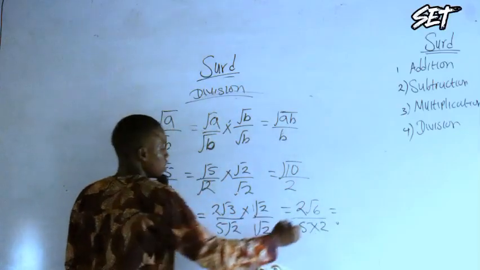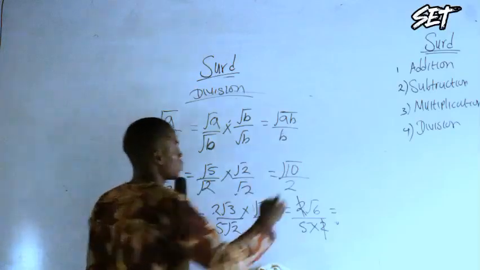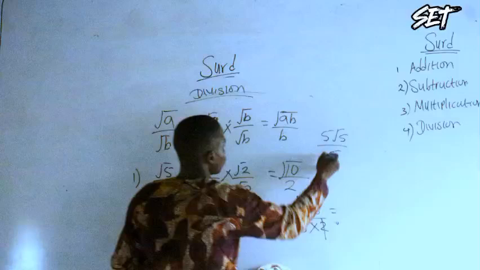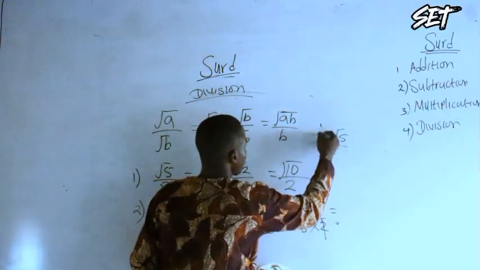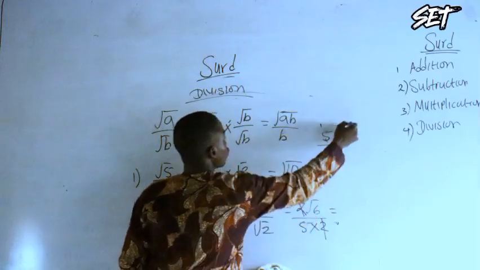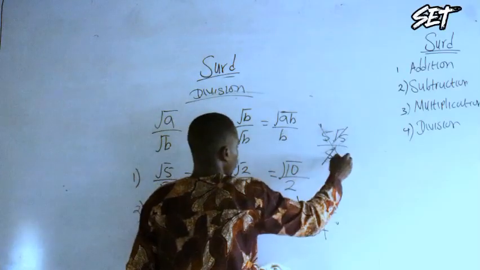This one will cancel this. Notice this, very, very important. You can cancel when you have like root 5 and 5 is here, you can cancel 5, cancel 5. But you cannot cancel like this, when the 5 is here and another 5 is in the root. You cannot say 5 cancels the root 5. No, it is wrong.